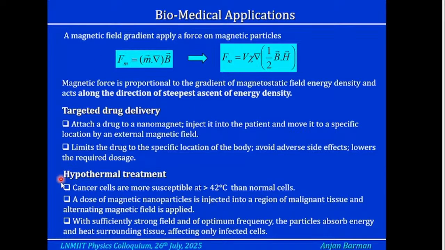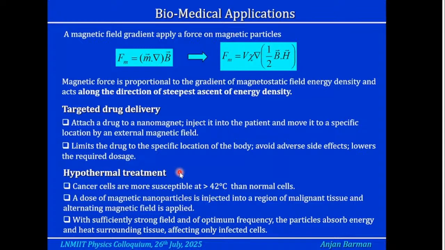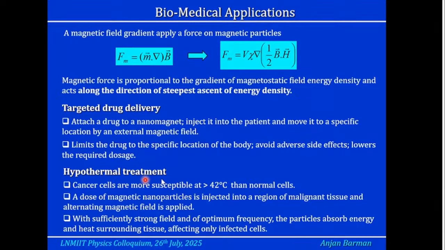The other thing is called hyperthermal treatment, or hyperthermia. This works on the principle that cancer cells are more susceptible than normal cells at a temperature greater than 42 degrees centigrade.